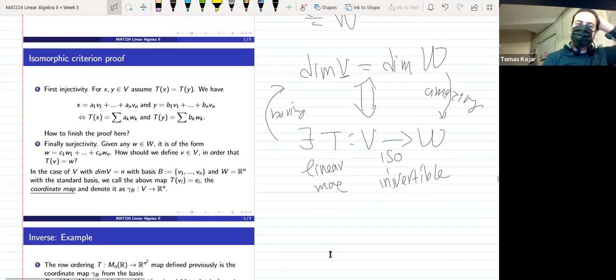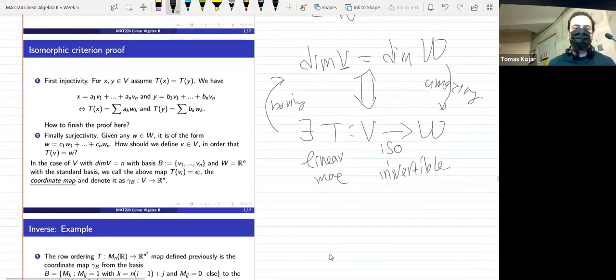And in the case of R^n, we're going to call this map the coordinate map, and we will upload the notes. There's some extra notes. And this map T that we've been talking about, in the case of W equal to R^n, we will denote it as gamma_B. So this is the notation we're going to use in this course.